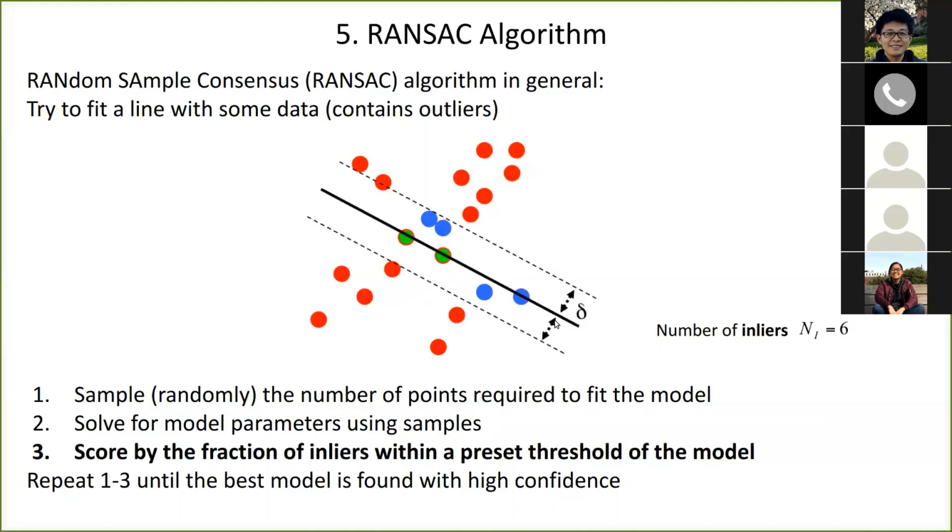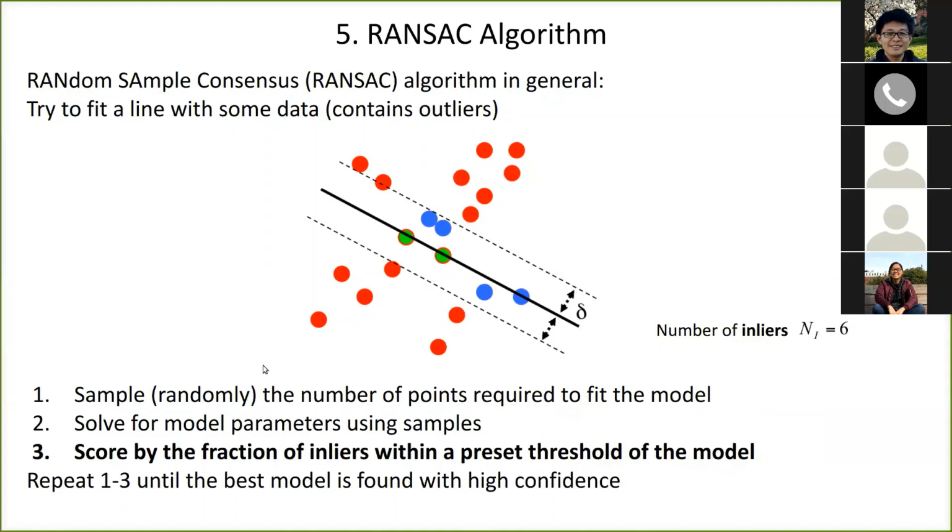We define a threshold: if the difference between the point and the line is smaller than or equal to the threshold, we consider it an inlier.